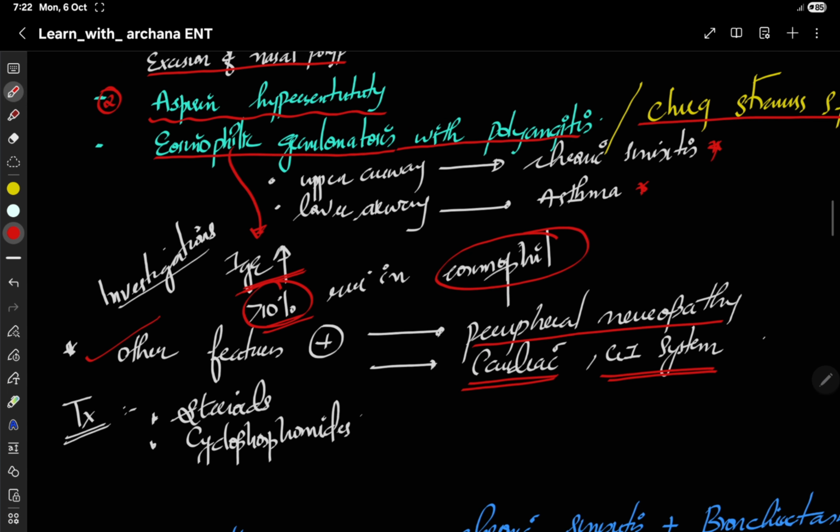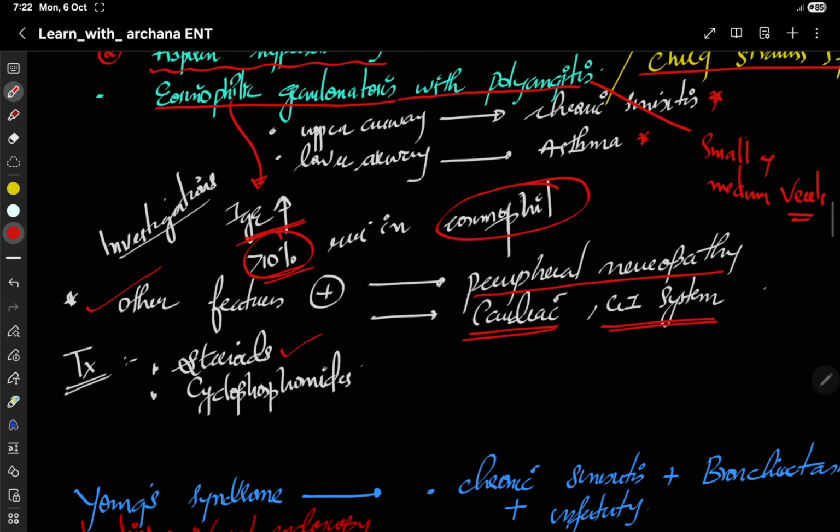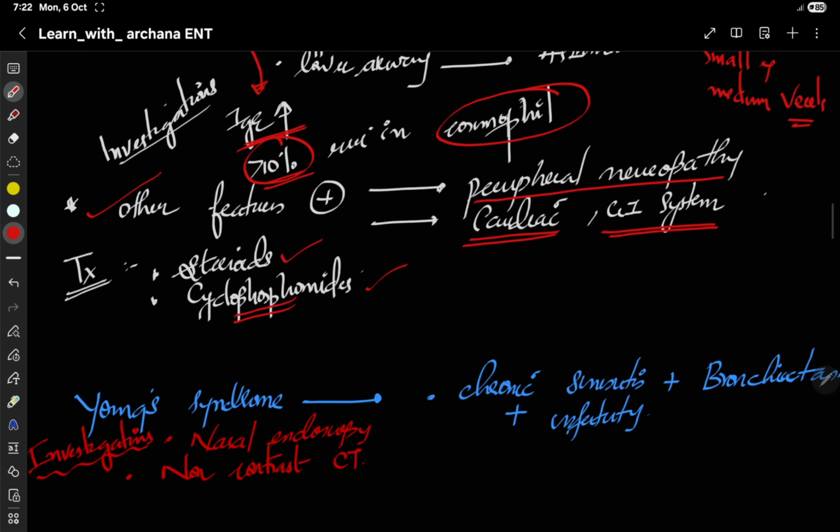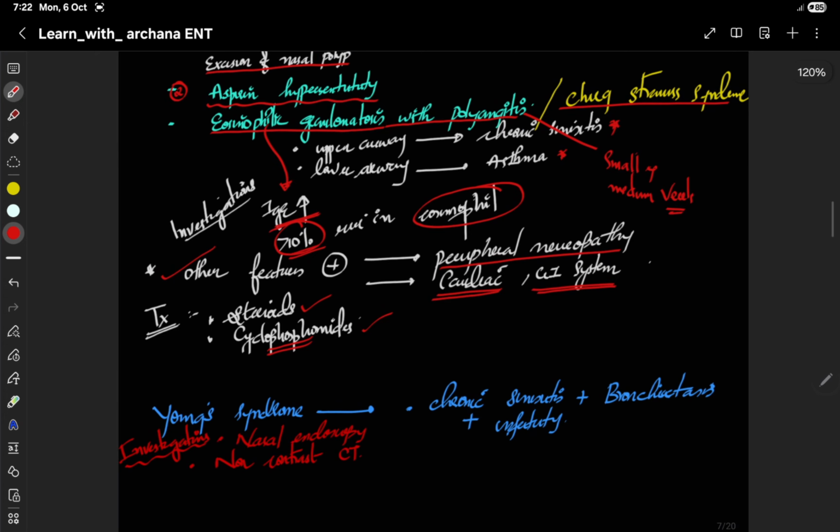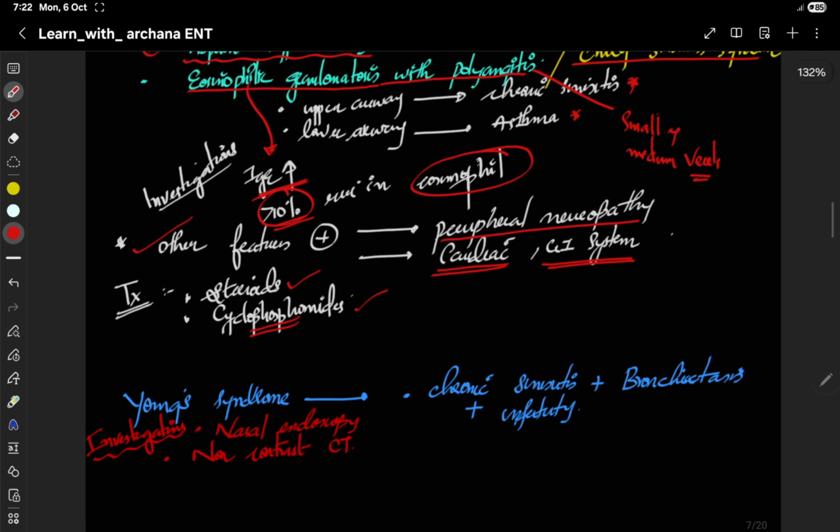It is the inflammation of small and medium arteries, vessels. Okay, so it is inflammation, right? So we have to give steroids. It is immune mediated, so we have to give cyclophosphamide. Then what is the other cause? It is Young syndrome.